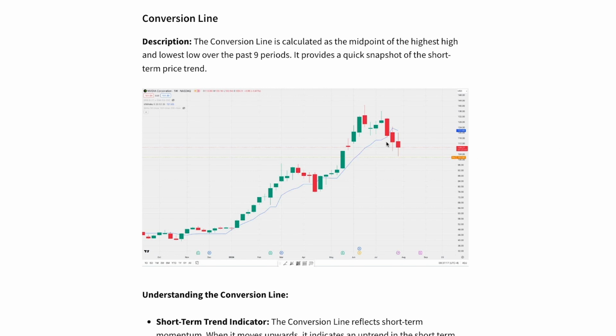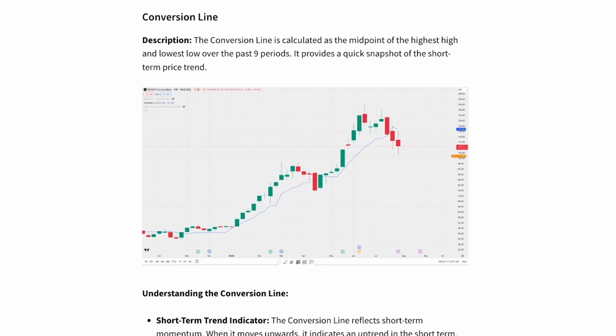So it's sort of like an average. It takes the highest point and the lowest point and then has a midpoint between those for the last 9 periods. So very much like an exponential moving average, it's going to be quite hugging the price action and more of a short-term trend indicator.